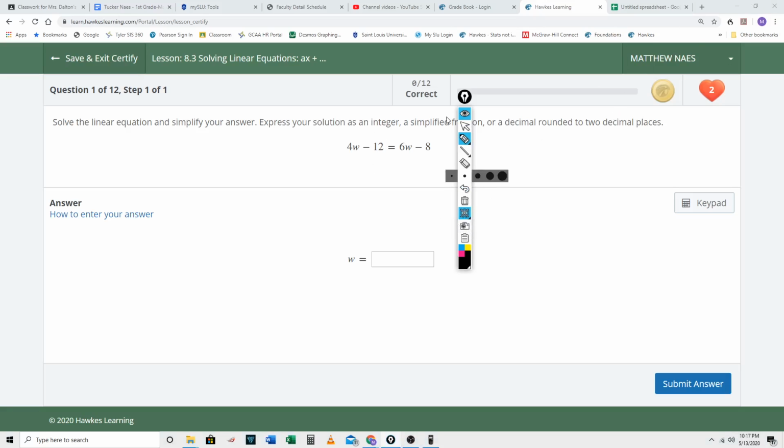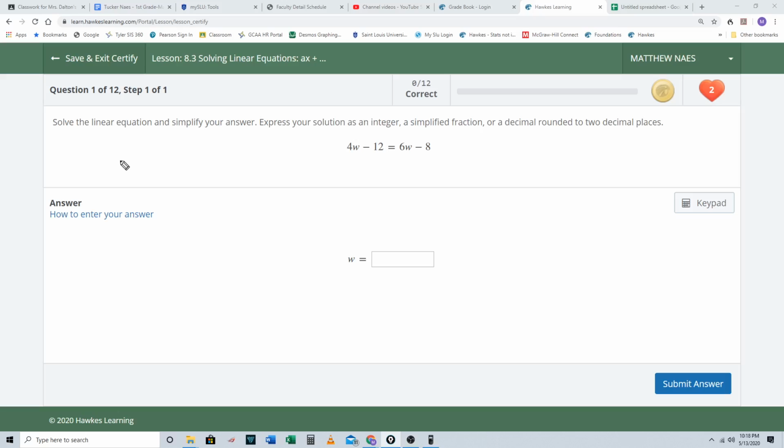Sorry, something happened with the pen, so hopefully I can get it to work now. Now, the idea is we want our variable, our letter, to be on one side of the equation and the terms without the variable on the other side of the equation.